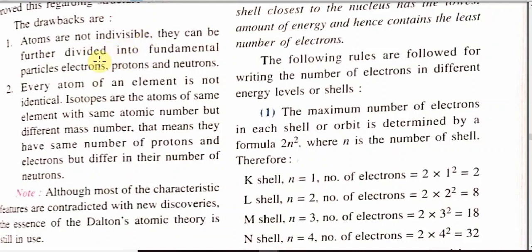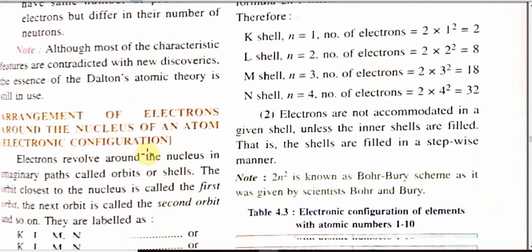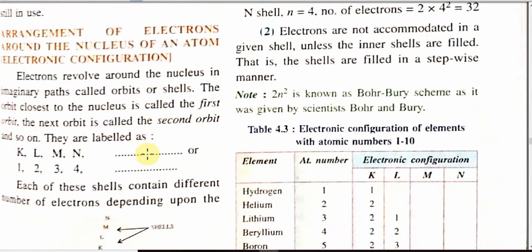They are the subatomic particles. Point number 2, every atom of an element is not identical. This was said by Dalton, but students, we have seen that there are isotopes, and isotopes of an element are not identical. They differ in the number of neutrons. Now we have seen the basic points regarding isotopes.